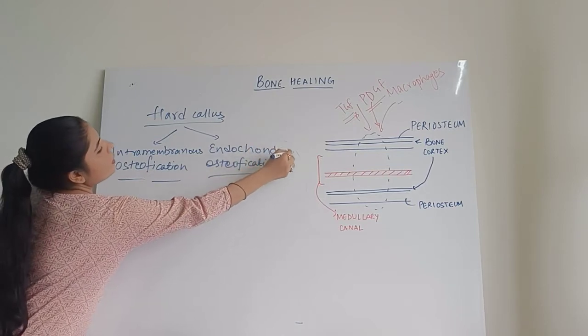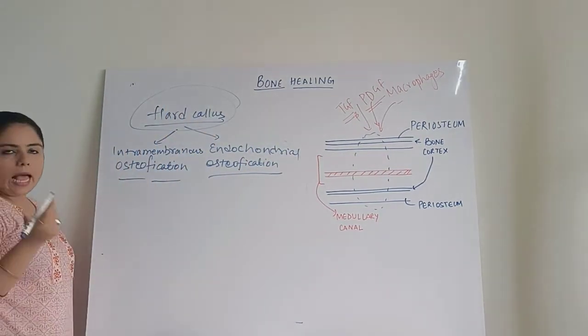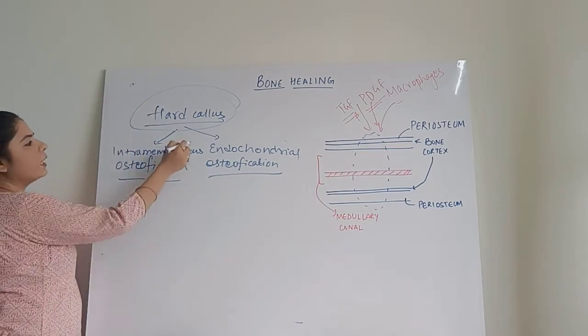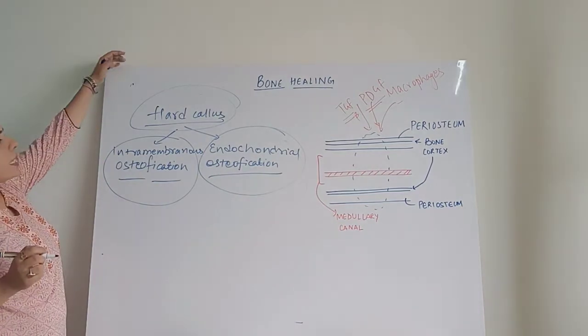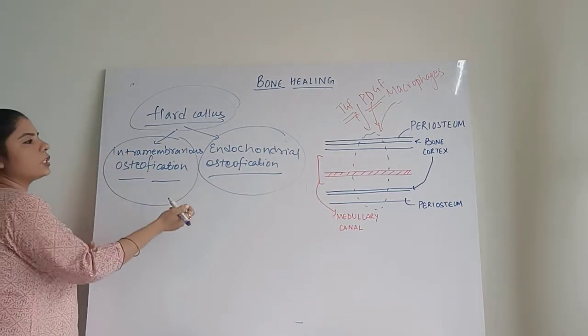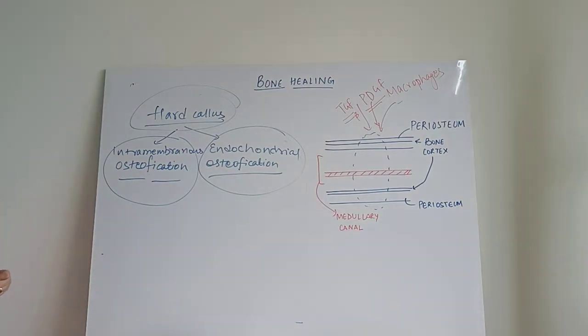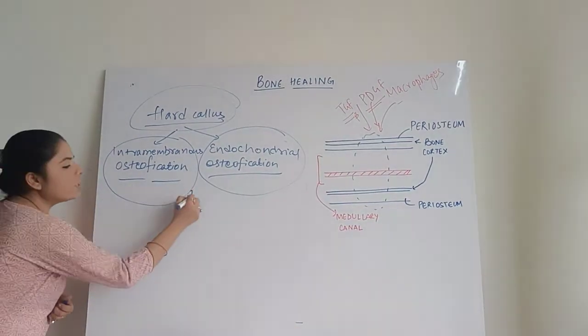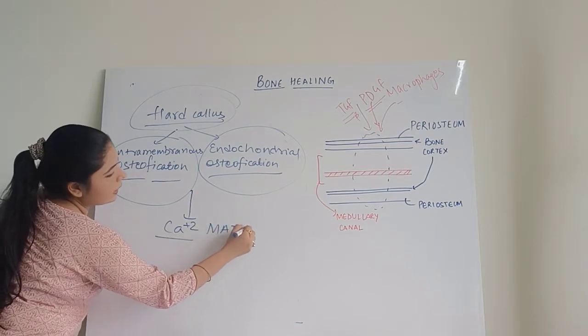So hard callus formation begins when the soft callus has begun to form. The soft callus has now differentiated through endochondral ossification or intramembranous ossification, and finally it leads to the entry of calcium in the matrix, right?